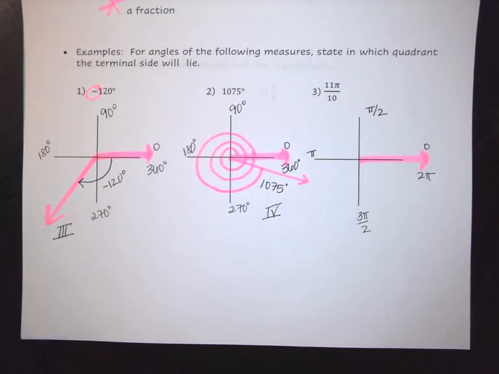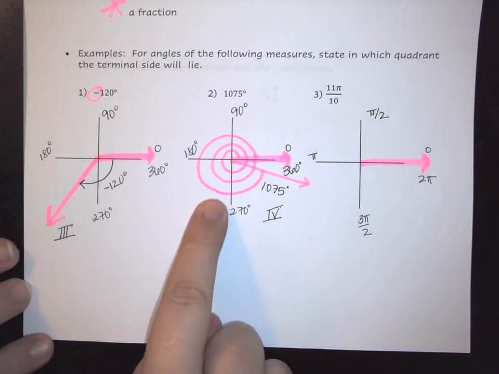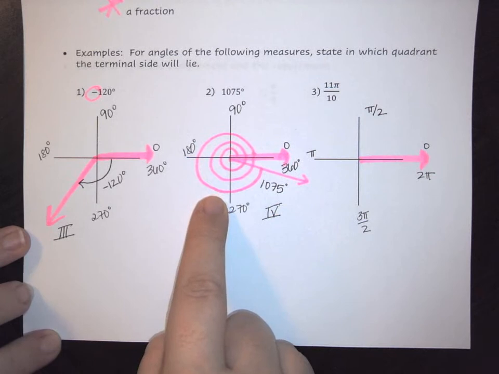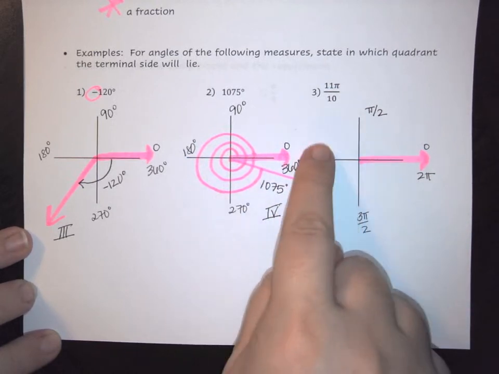First, you can convert 11 pi over 10 to its degree measure, and then use the degree reference in order to find out the quadrant you're in. Or you can use the exact same idea that we did with this second one here, only you would use it with your 90-degree quadrants.